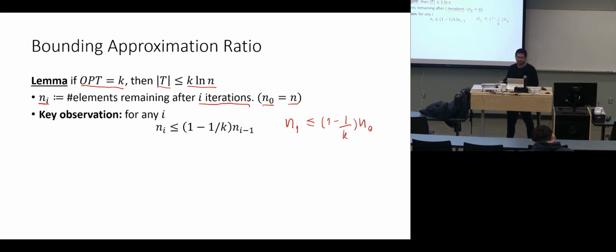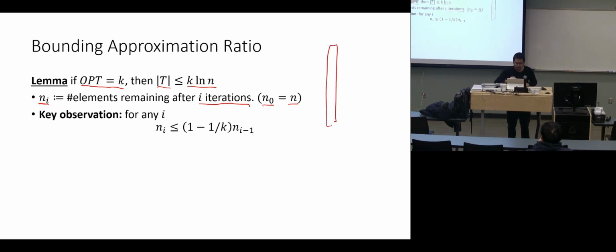But if you think about it, the argument that I just said is not really specific to the first iteration at all. So just imagine that right now you have a bunch of sets, and at this point in time, let's say there are a bunch of elements that you have already covered. There are n minus 1 elements remaining, right? And you know that there exists an optimal solution of size k that covers everyone.